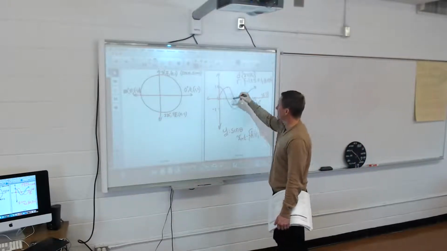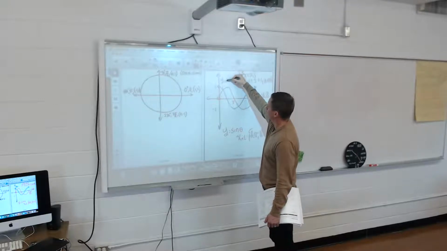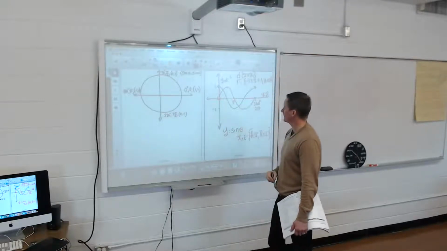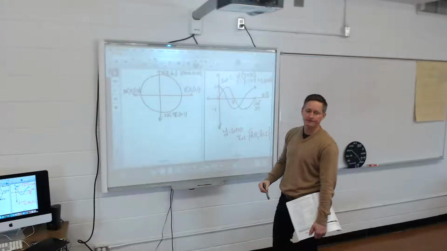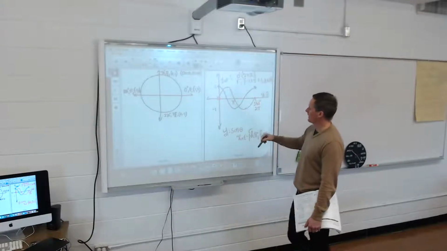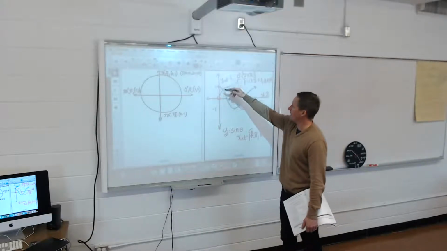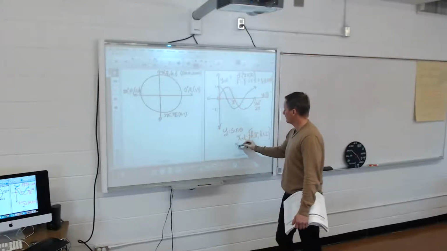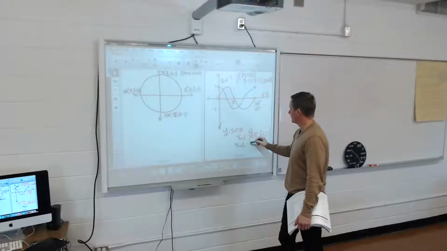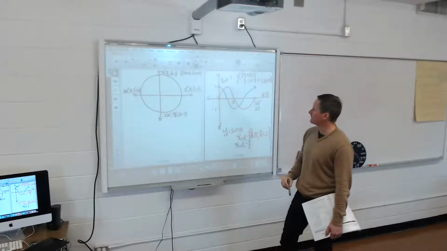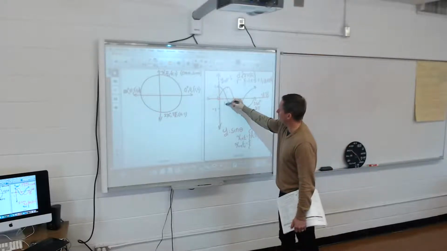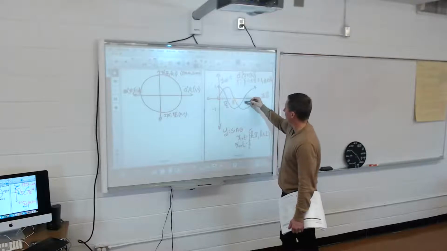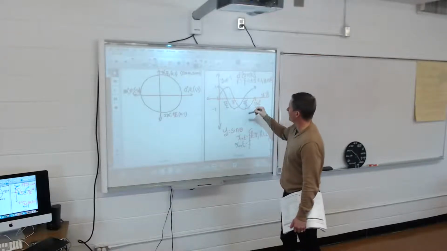My y-intercept in this case is 1, not 0 like the sine one. My amplitude stays the same. My amplitude is 1. My x-intercepts for cos occur at this value here, which is pi over 2, and this value here, which is 3 pi over 2.